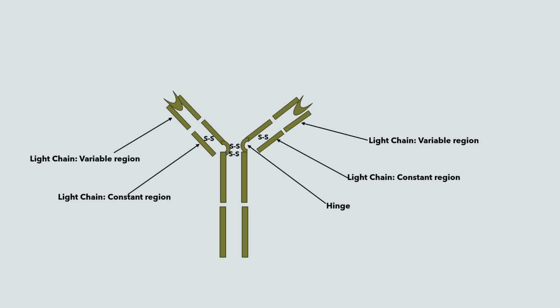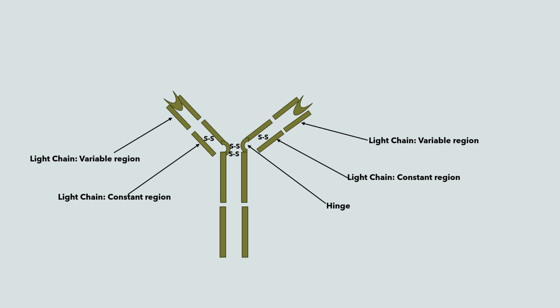And basically the variable region in the heavy and the light chain, they contain these complementarity determining regions, and there are 3 regions on the heavy chain and there's 3 on the light chain, and that's a total of 6. And these CDRs, complementarity determining regions, they're responsible for having the paratopes, and the paratopes are what interact with the epitope on the antigen, and they bind together.